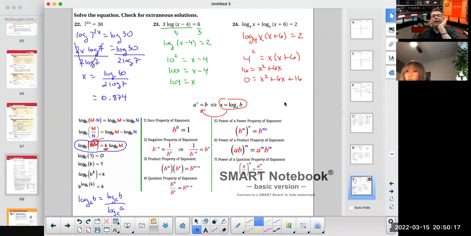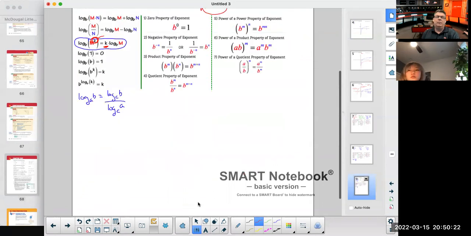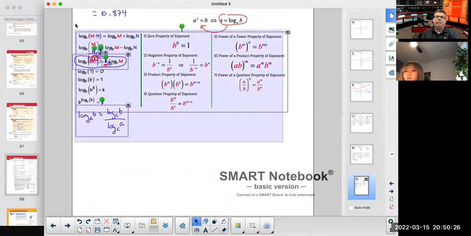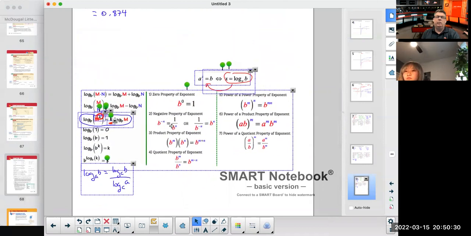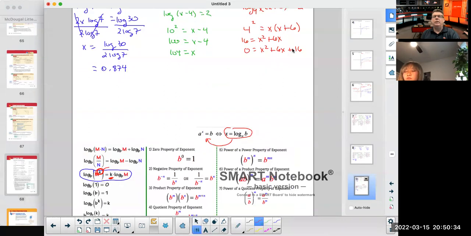And then we try and factor it, but we can't, can we? I don't think we can, unless you see something that I do not. Factors of 16 are 1, 16, 2, 8, and 4, 4.